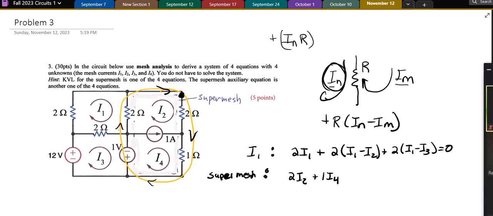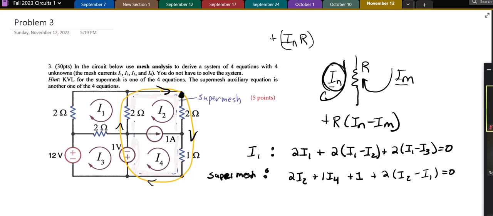Then I come to a voltage source. I'm coming into the positive side, so I will label that as plus 1. And then I come to the 2 ohm resistor shared with I1, so that's plus 2(I2 minus I1), and that equals 0.